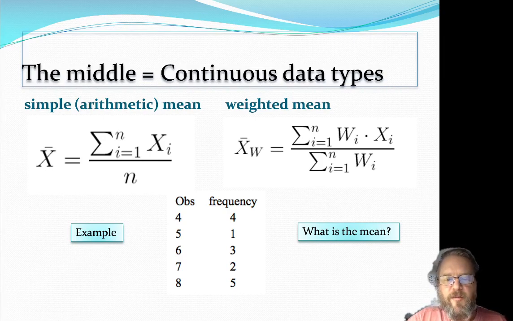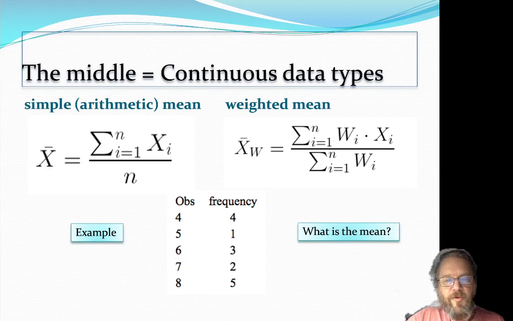And so, for example, if the observations or the measures are 4, 5, 6, 7, and 8, I can have 4 samples that were 4, 1 sample was 5, 3 for 6, 2 observations for 7, and so on, okay? So I would add up all of my samples, and that would be my sample size of n.